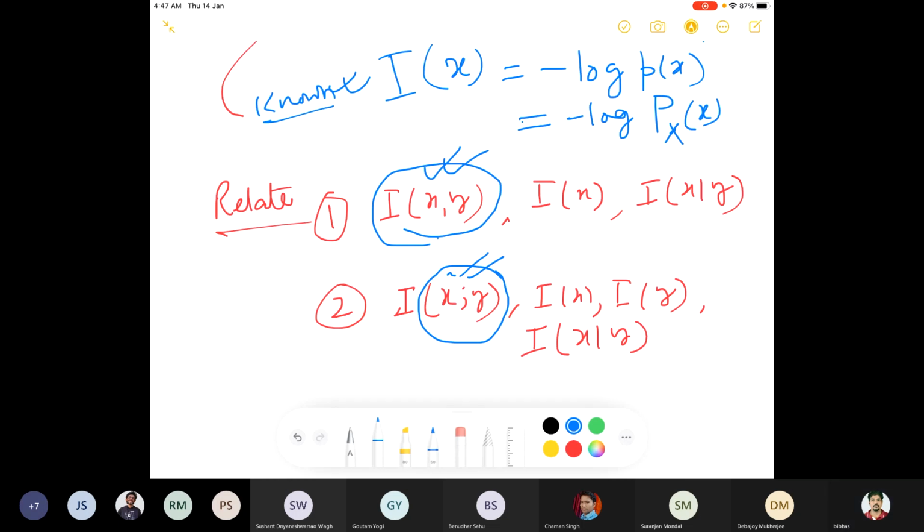No. Okay, let me tell you, and then you verify that this is correct. What you said, I'm writing in a different way. You said X given Y, but that has to actually be Y given X. So let me write it this way: I(X,Y) is equal to I(X) plus I(Y given X). Now can you prove that? Or this can also be written as I(Y) plus I(X given Y). Can you prove this?